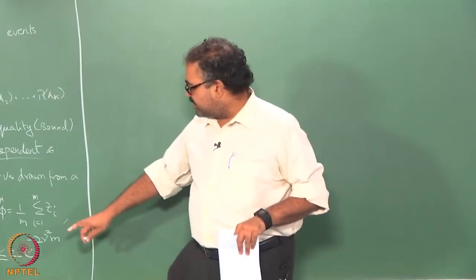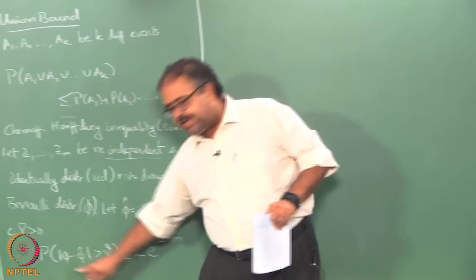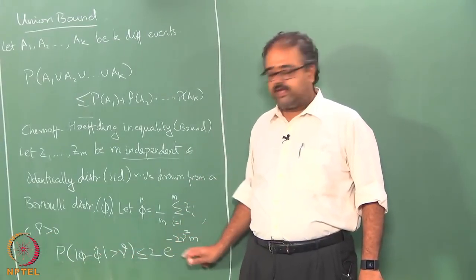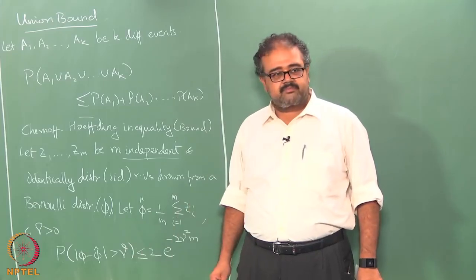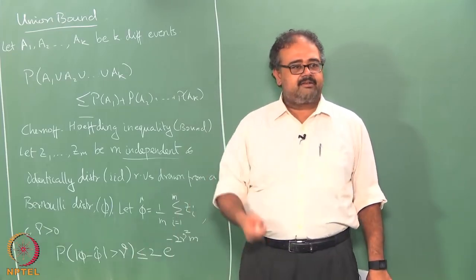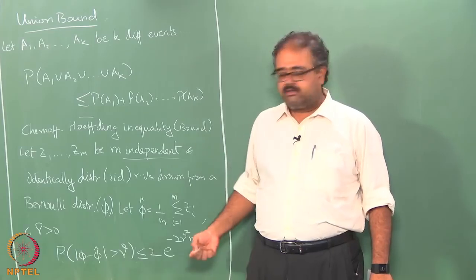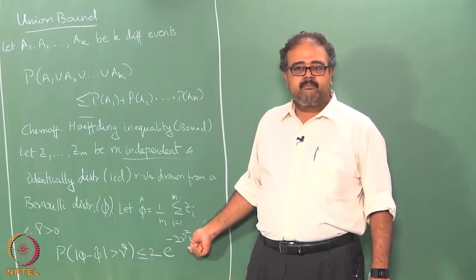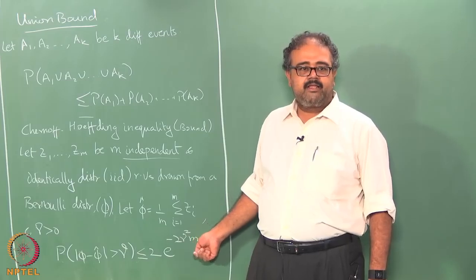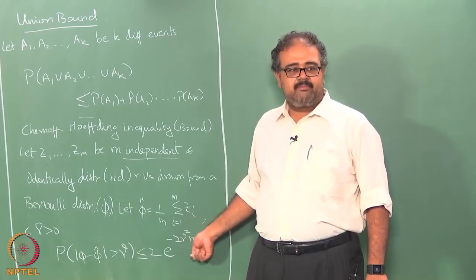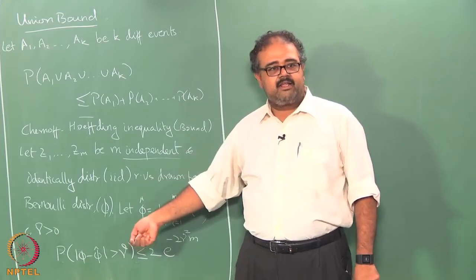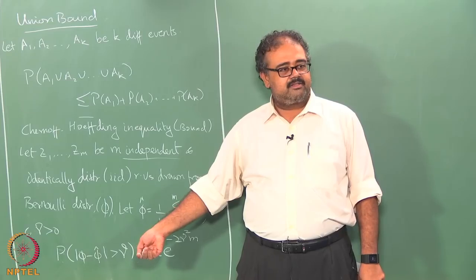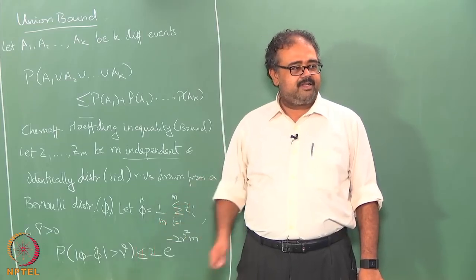One is, what is the probability that the error I am making is greater than gamma? That is this quantity. I need to supply gamma and an error probability for me to find m. I need to supply m and an error probability for me to find gamma. Does it make sense?